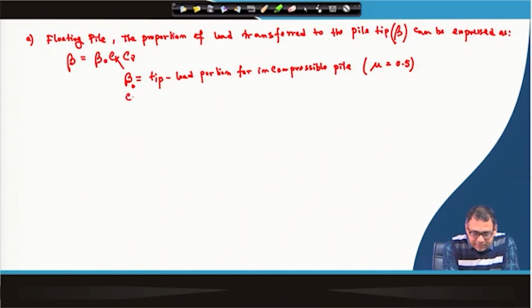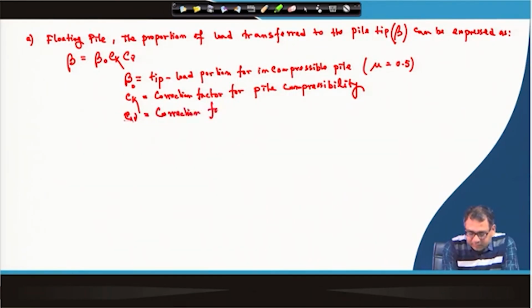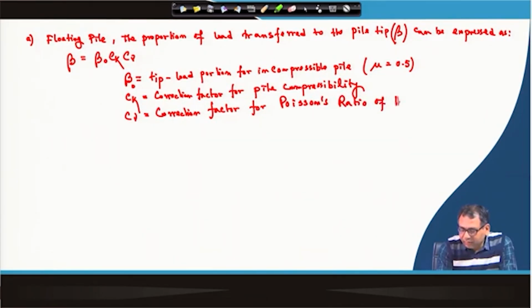C k is the correction factor for pile compressibility, and C nu is the correction factor for the Poisson ratio of the soil.